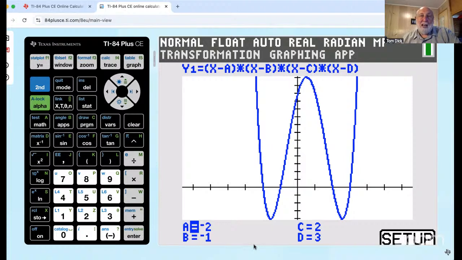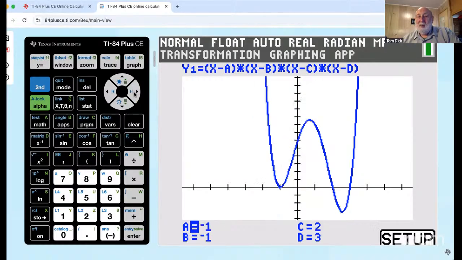For example, I'm going to increment A by 1, so it actually has the same value as B. What that means is that 1 is now a double root, or it has multiplicity 2, and you can see the effect that has on the graph. That double root, my graph actually comes down and just kisses the x-axis. It just bottoms right out there.